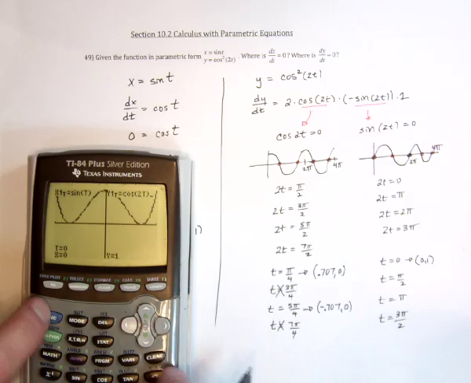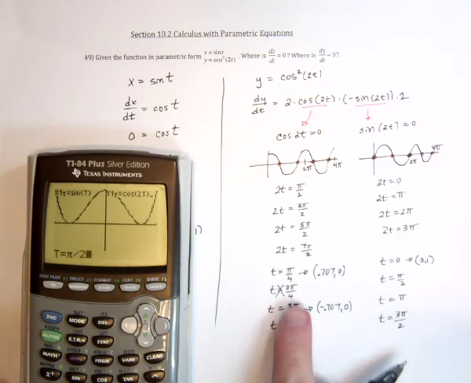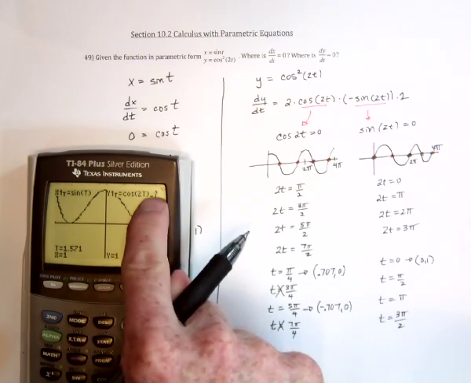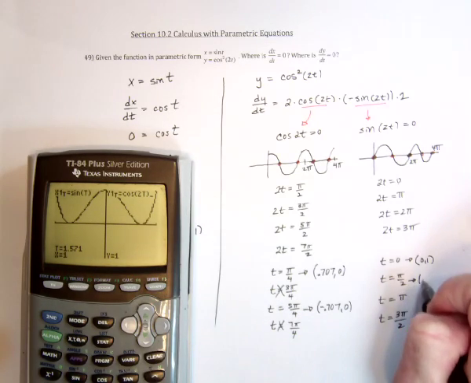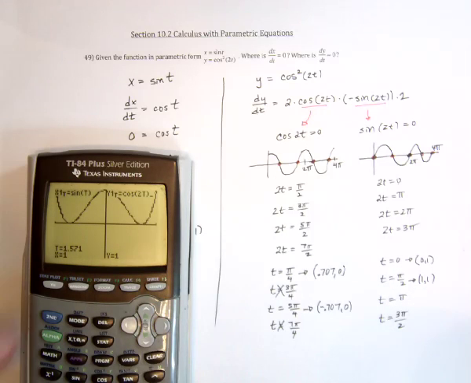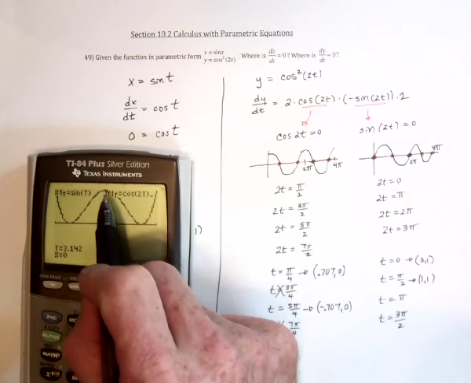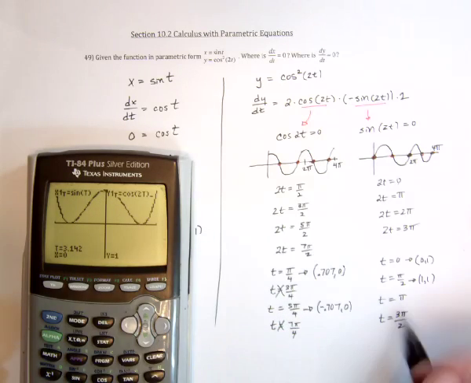Pi over 2, if it follows this pattern, it's going to be repeat information. Oh, it's not. It's over here in the upper right-hand corner. 1, 1. Pi, okay, that's when it went over, then came back to here. So that's not needed. And then 3 pi divided by 2 is the upper left-hand corner, -1, 1.